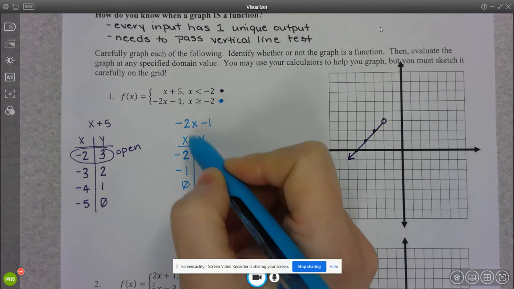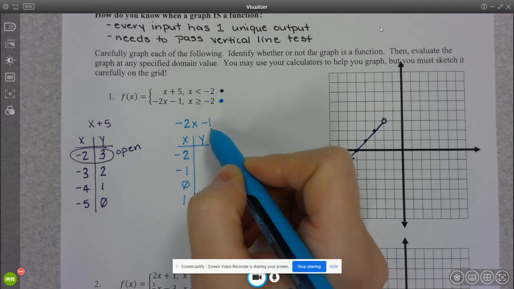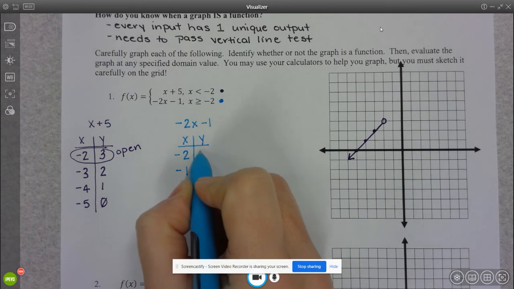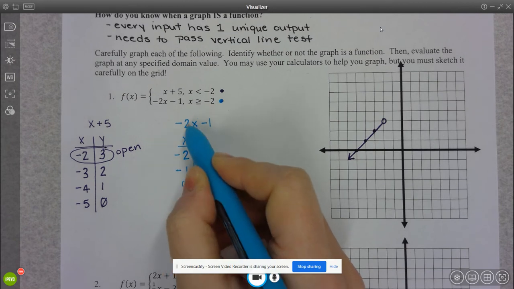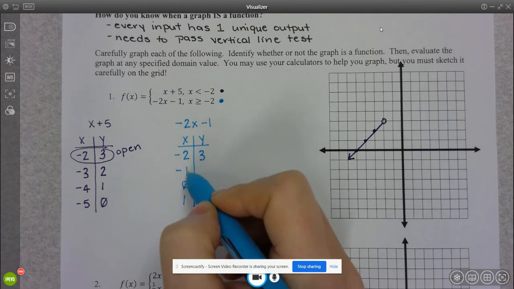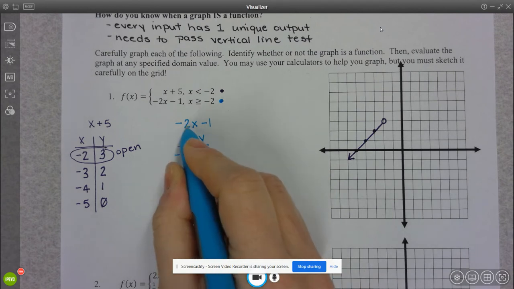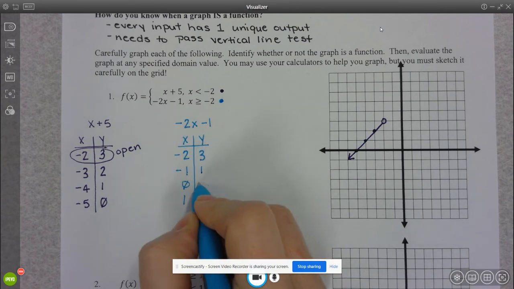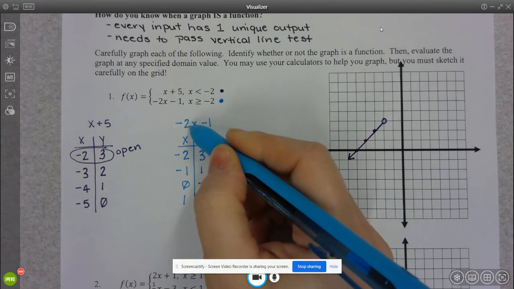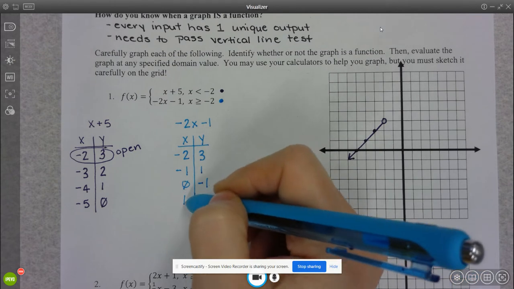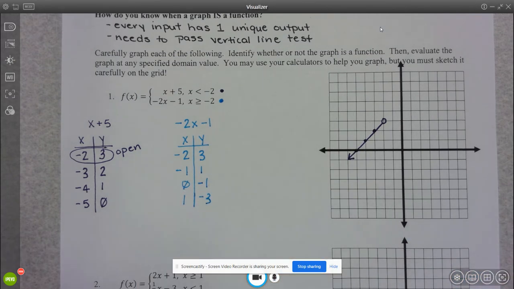So -2 times -2 is +4, minus 1 is going to be 3. Negative 2 times negative 1 gives me positive 2. Minus 1 gives me 1. -2 times 0 is 0. Minus 1 is negative 1. Then -2 times 1 is negative 2. Minus 1 would be negative 3.